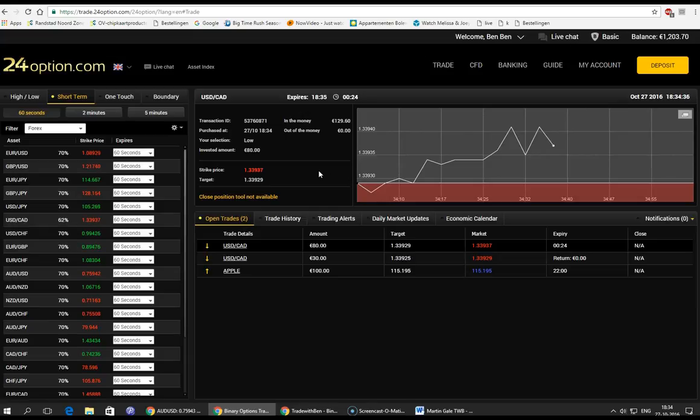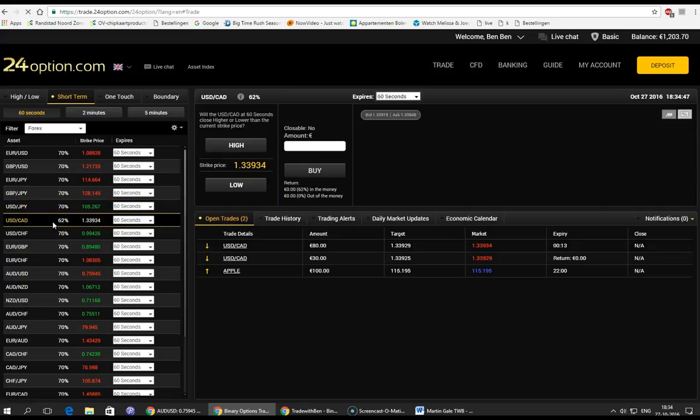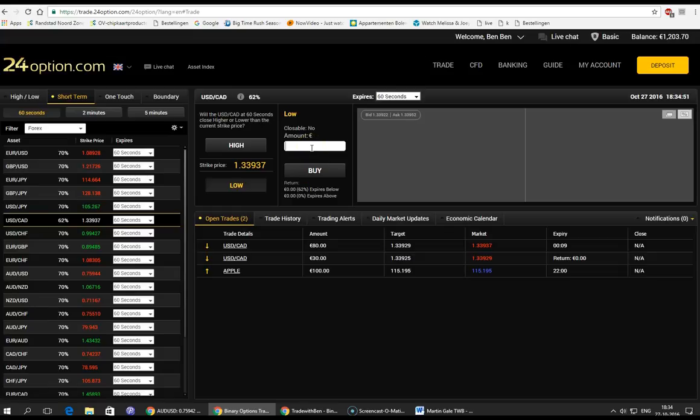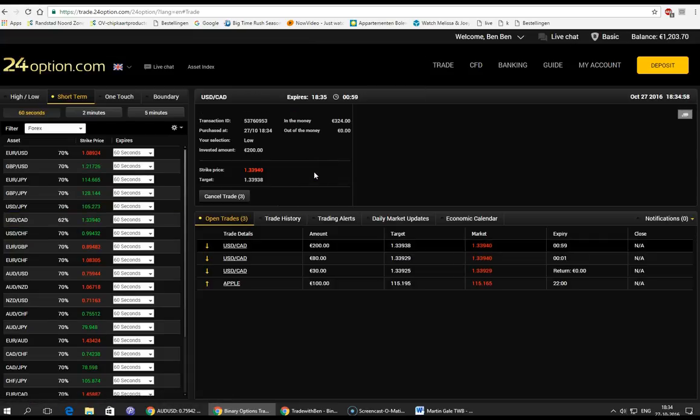It's recovering. 33, 31, 32, US dollar, Canadian dollar. So this is just our bad luck. This is really our bad luck for today. Go with that trade.